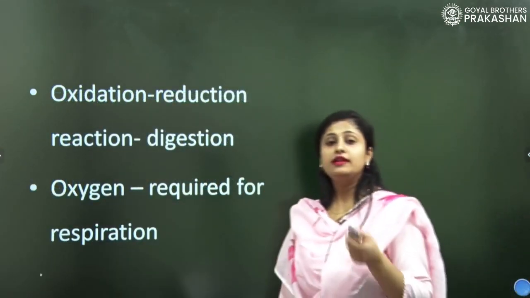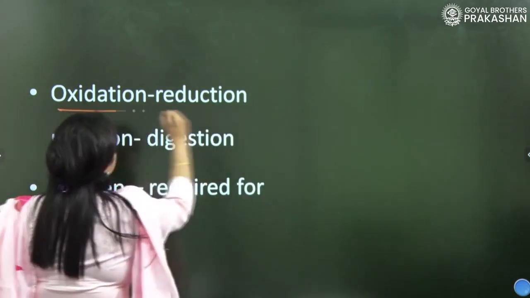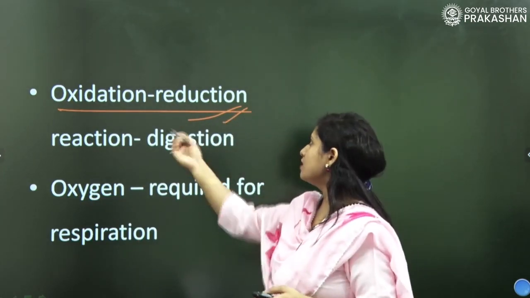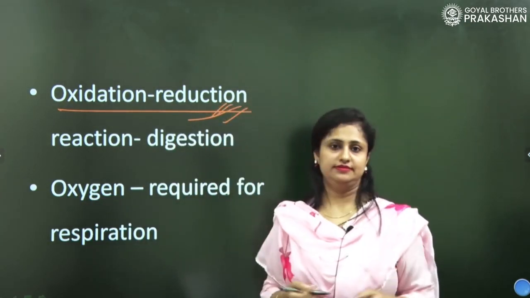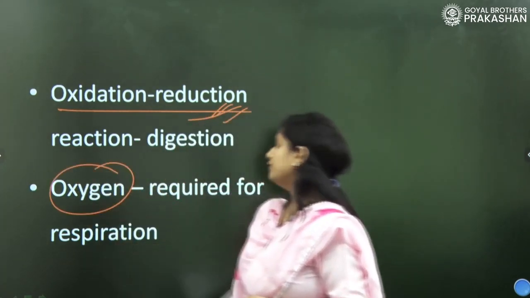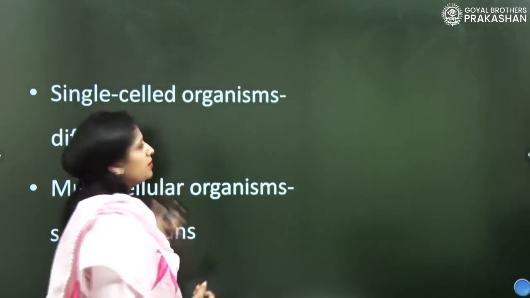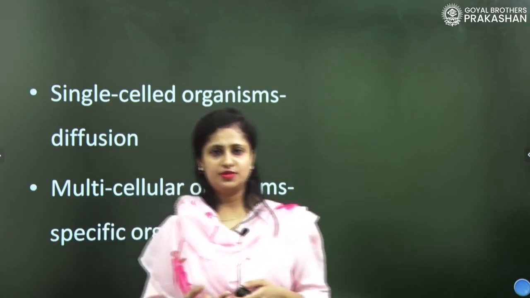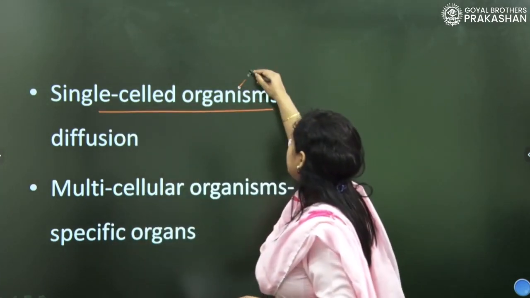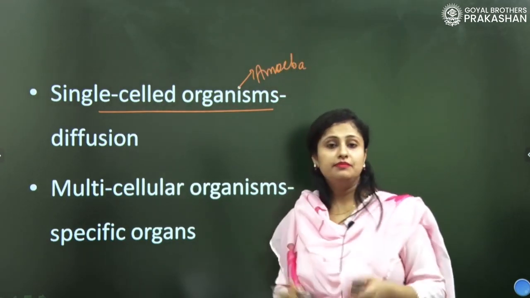Now, to digest our food, some reactions are important to carry out, and those are oxidation-reduction reactions. Oxygen is required for respiration, which we have already discussed. Now, let's talk about single-celled organisms, for example amoeba or paramecium.